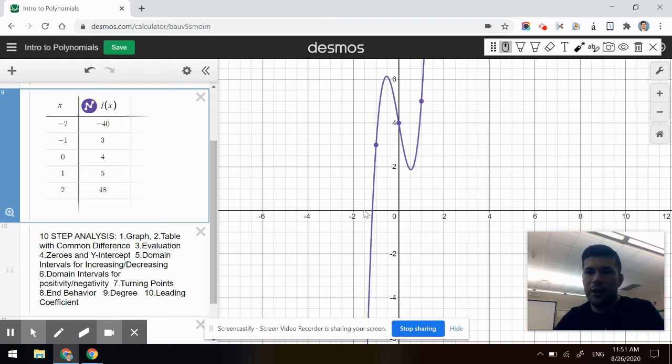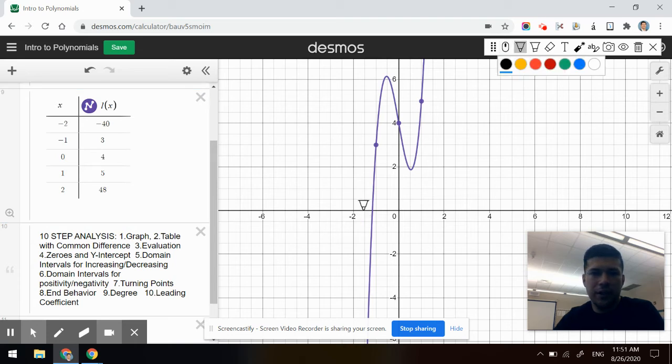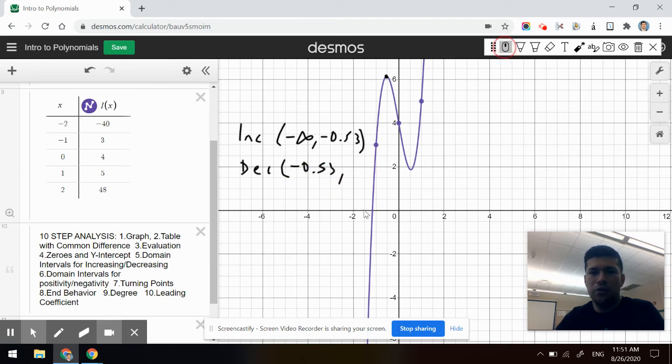I'm going to actually write that out. The function is increasing. We're going to use interval notation from -infinity all the way to this point, which, let's just verify, is -0.53. So it's increasing all the way to -0.53. Then it decreases from -0.53 all the way down to, well, let's check it.